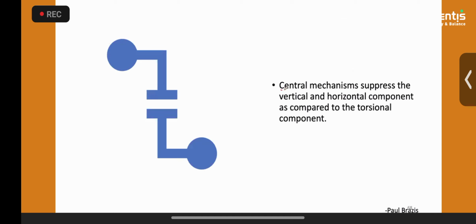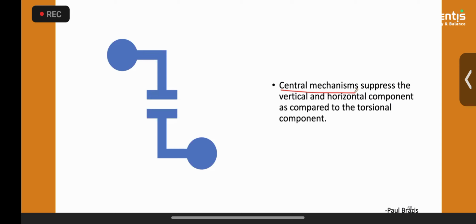And another peculiarity I will tell you: suppose a patient's nystagmus has all three components, a beating horizontal component, a beating torsional component, and a beating oblique component, which is classically seen in peripheral.